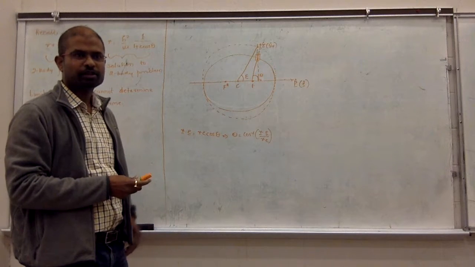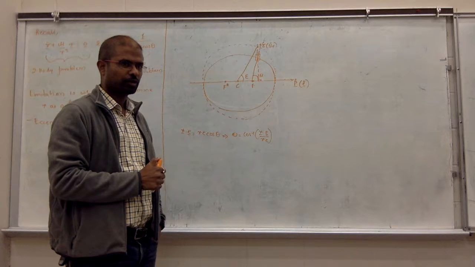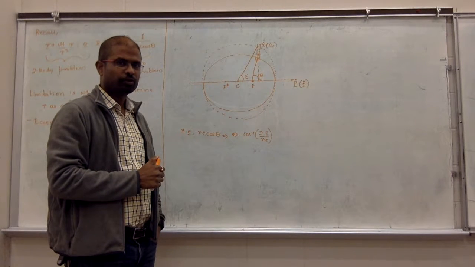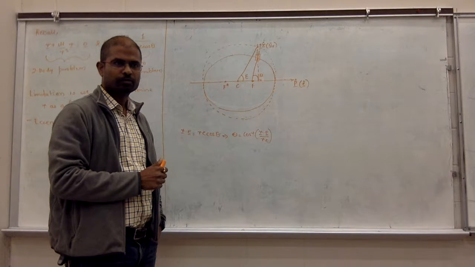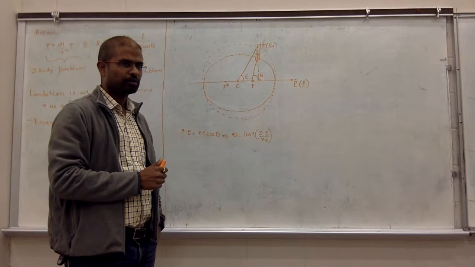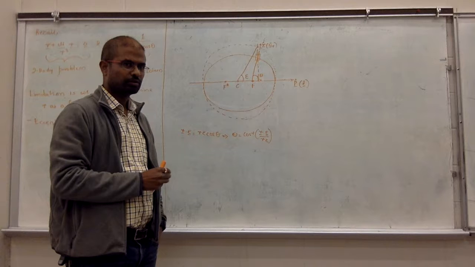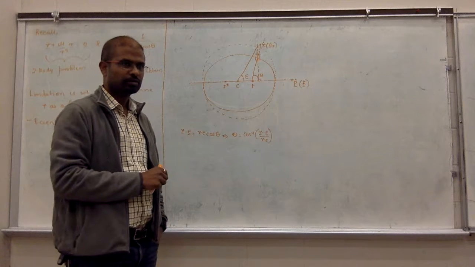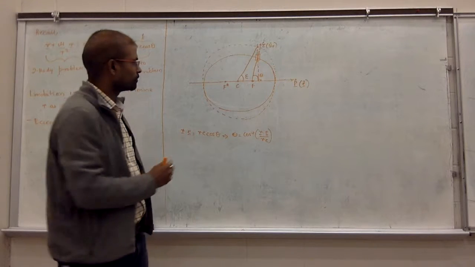Is it clear what eccentric anomaly is? First, understand what true anomaly is. Once you know what true anomaly is, we'll make a circle around. You circumscribe the circle around the ellipse, and then you draw a perpendicular passing through the position of the orbiting body.